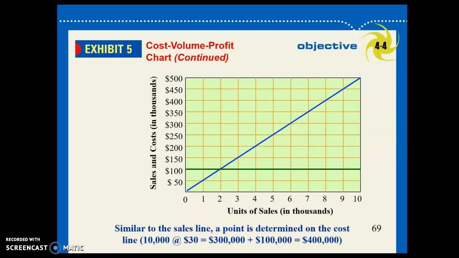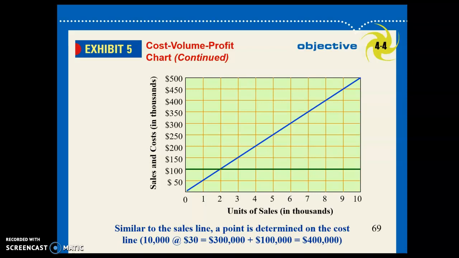Now we're going to take a look at the total cost line. So, 10,000 units times $30, that's our variable cost per unit. So our total variable cost is 10,000 units times $30, that's 300,000.